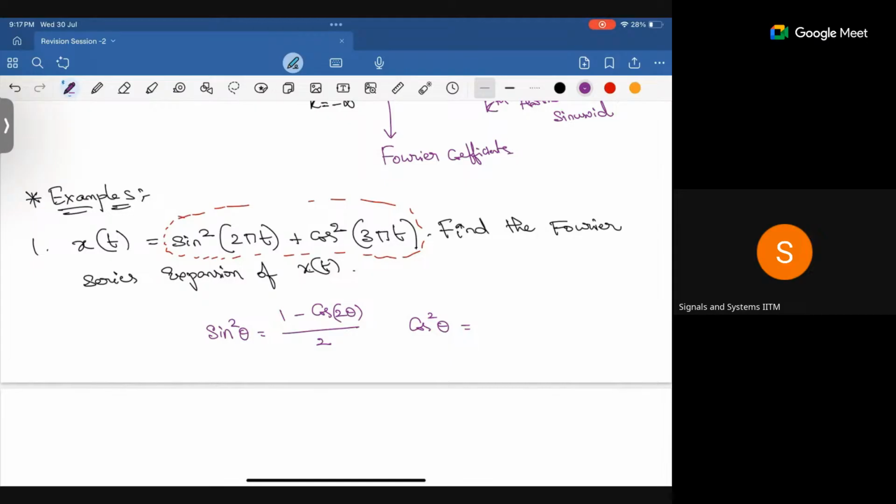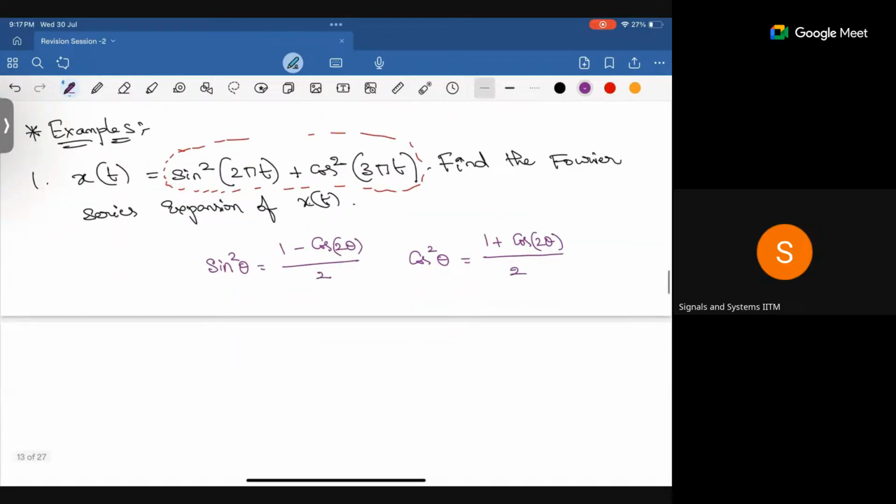Have you come across these kinds of formulas anytime? Cos square theta is also 1 plus cos 2 theta divided by 2. So this we have seen. We'll use the same thing.